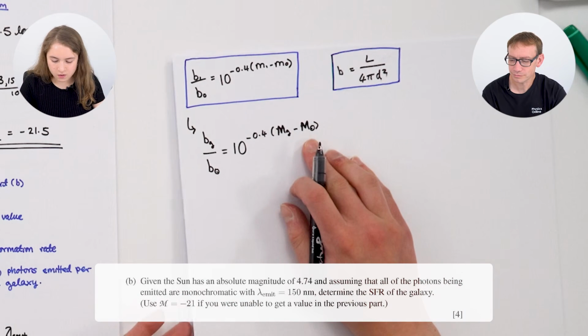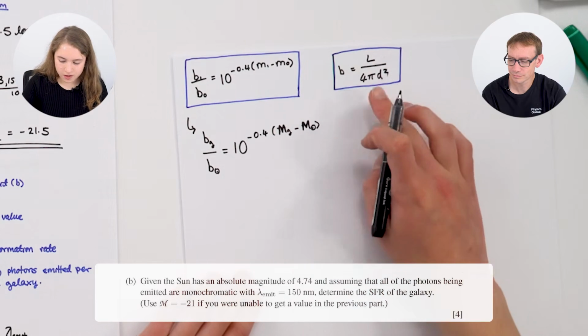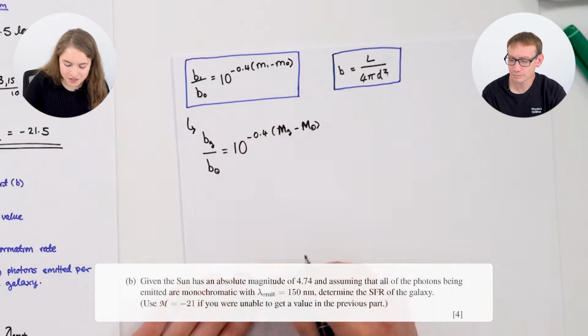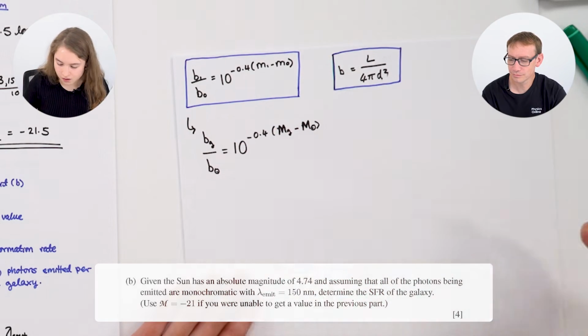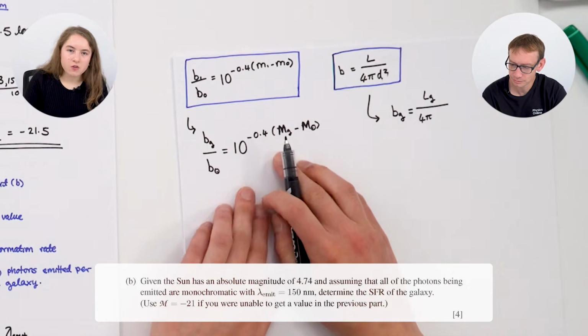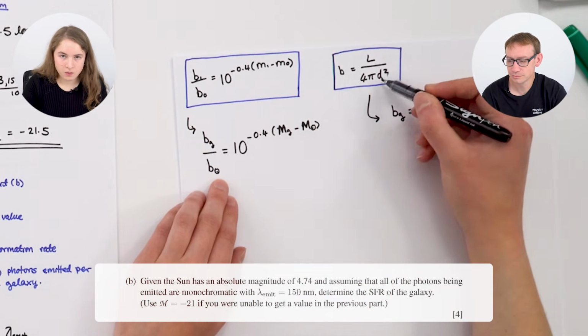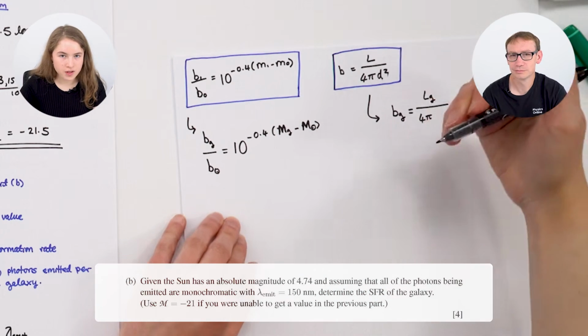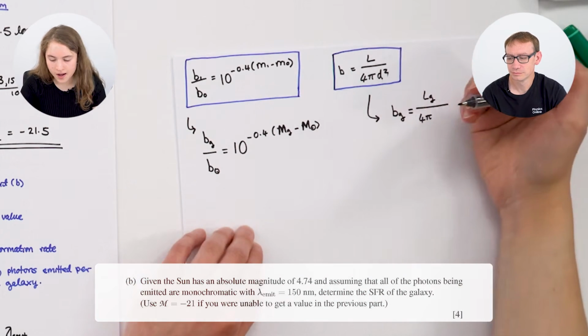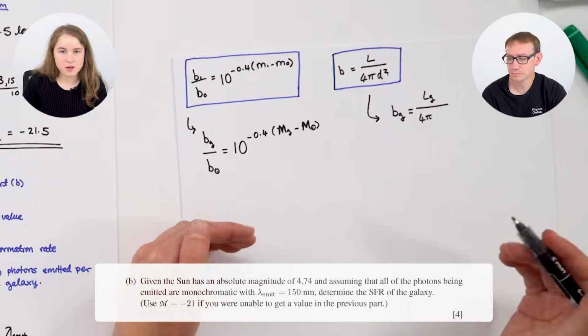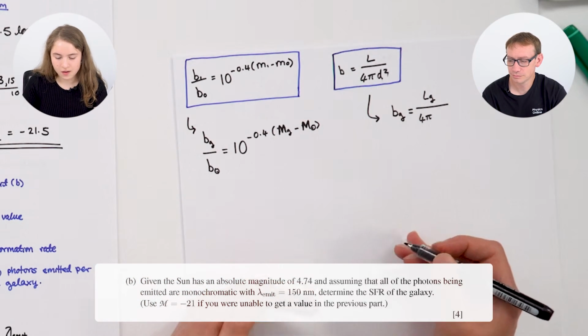Okay, so we know these values here, and we know the brightness in terms of the luminosity. So let's have a think about what B_G and B_sun are. Because we're considering absolute magnitudes, not apparent magnitudes, the distances that we put in here are not going to be the actual distances of the sun and galaxy away. We are simply going to put in the value of 10 parsecs as the distance.